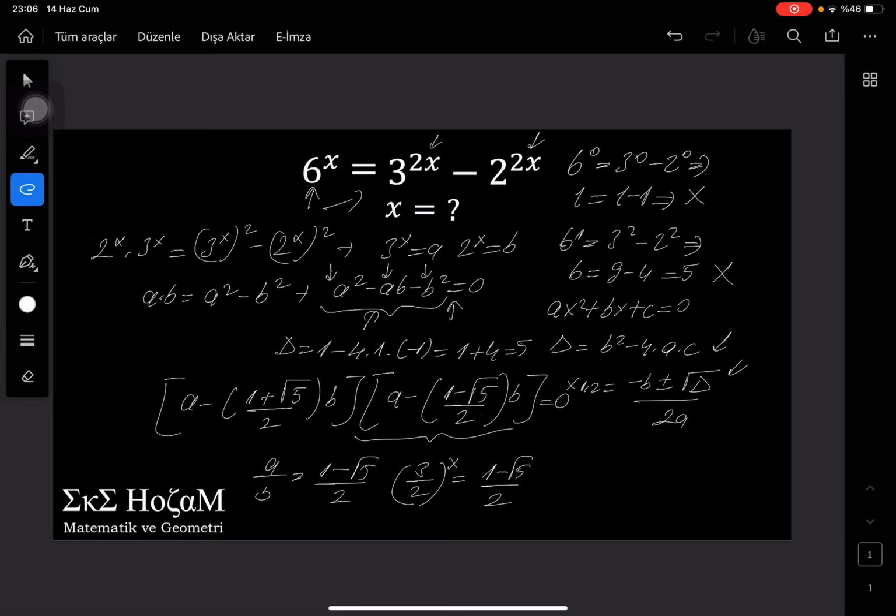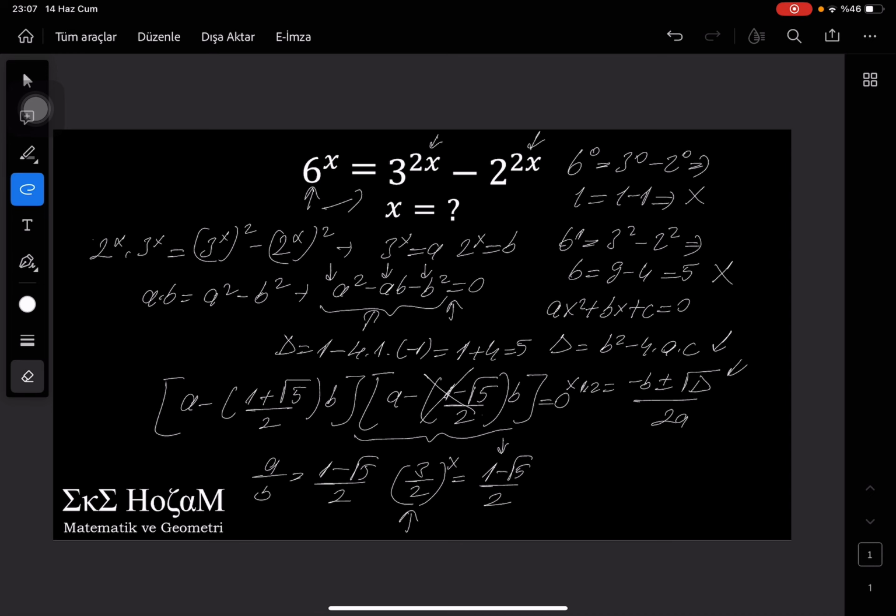So I'm going to show you that the left side is a positive number, and if you take the exponent of a positive number, you cannot obtain a negative one. However, the right hand side of the equation is a negative number. Therefore, this equation cannot be considered.